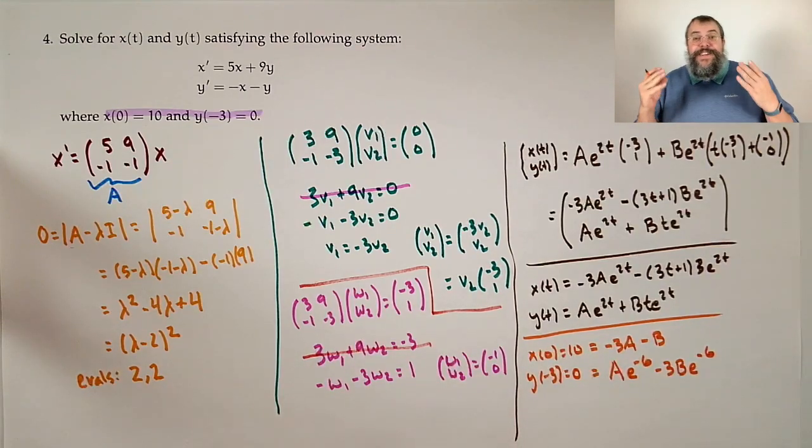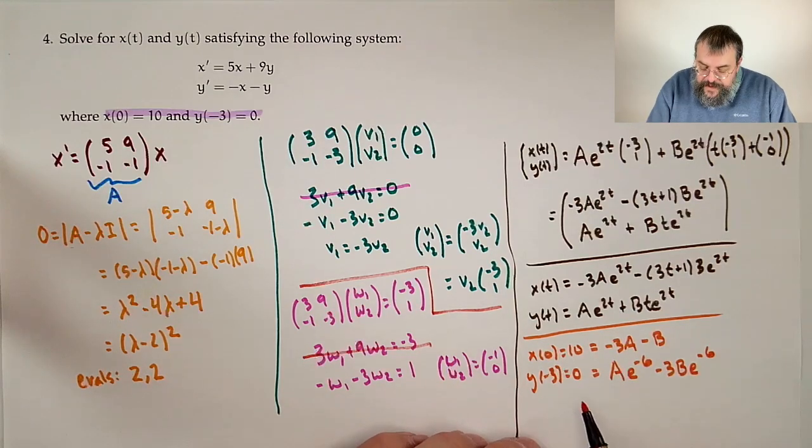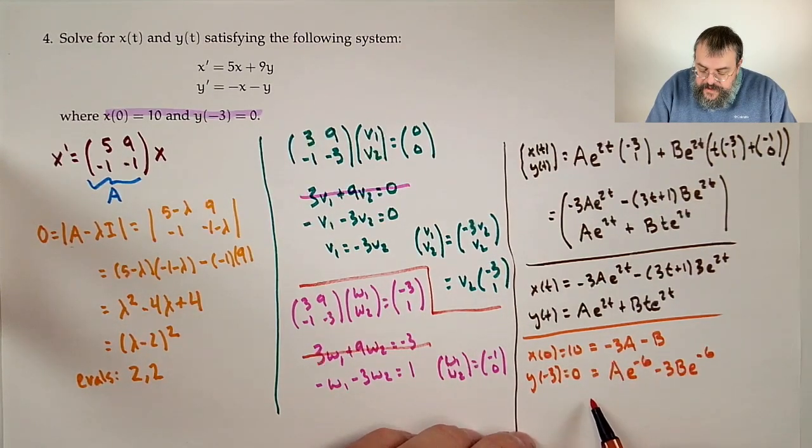But here's the nice thing: both terms have e to the minus 6, and it's equal to 0. So you can divide, and because of that 0, that really says a minus 3 times b equals 0.